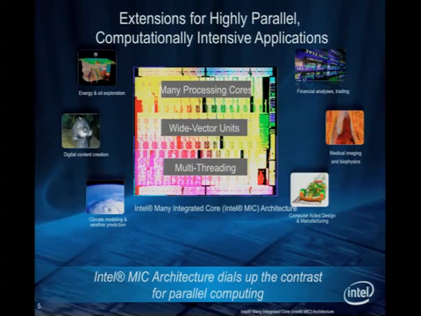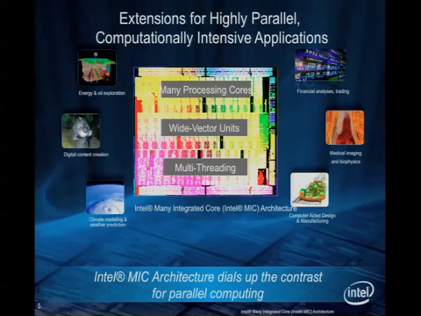You have to be careful how to use it. Michael will be talking about that, I believe. The way I look at this is, we dial up the contrast for parallel computing. We put a device out there to push people to engage with the growing need to leverage parallel computing, and this is a high contrast for that.